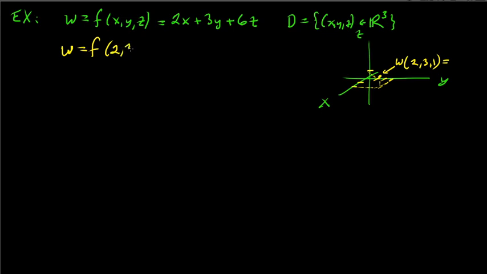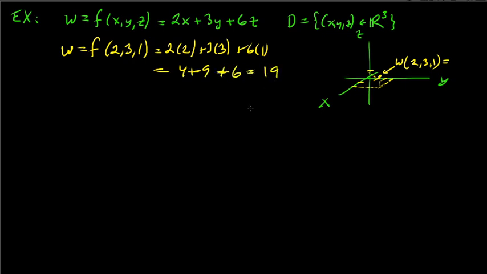We get 2 times 2 plus 3 times 3 plus 6 times 1. So 4 plus 9 plus 6 is 19. So the value at that point is 19. If you think of this as temperature, we're at 19 degrees at that point.